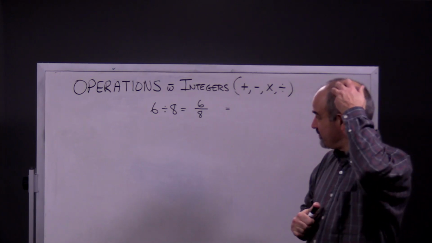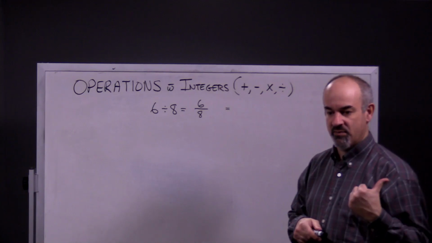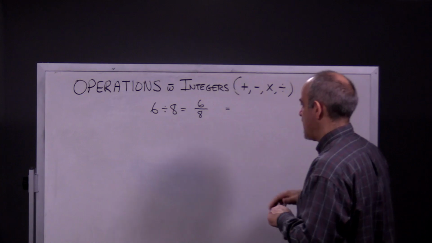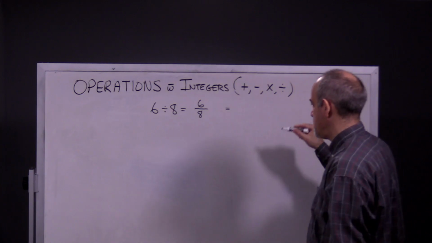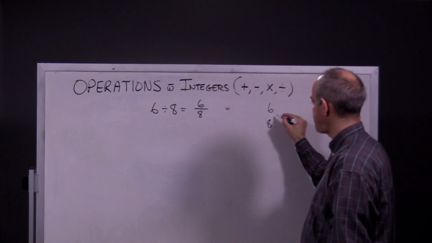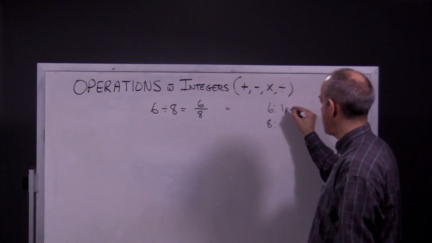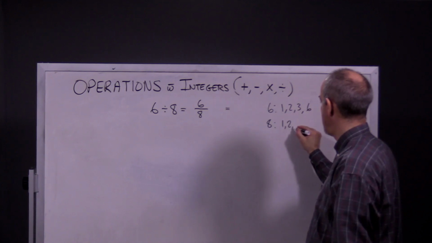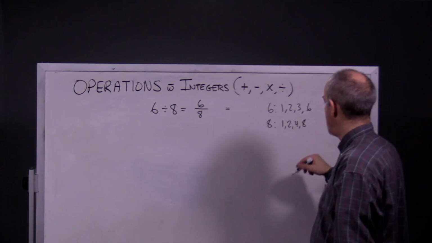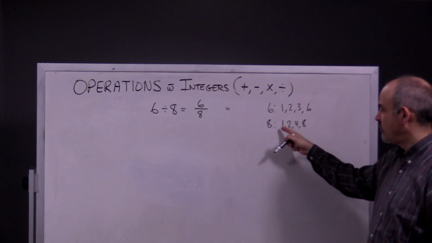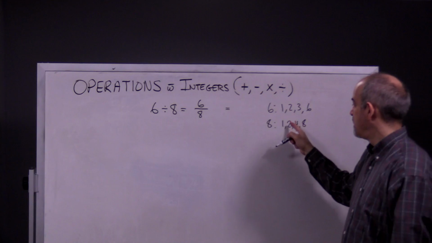Now, I showed you in one of my previous videos the Euclidean algorithm. One way you can find the greatest common factor between two numbers is, our two numbers are 6 and 8, you can just list out all the factors of 6 and 8. Then you look for ones that are in common. Well, 1 is in both of them. 2 is in both.